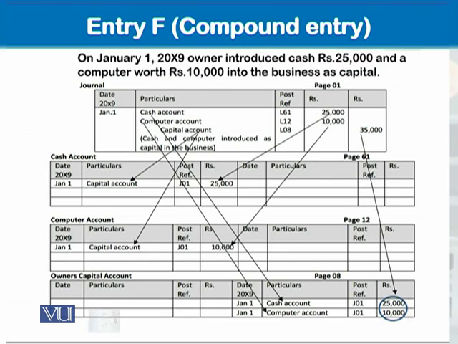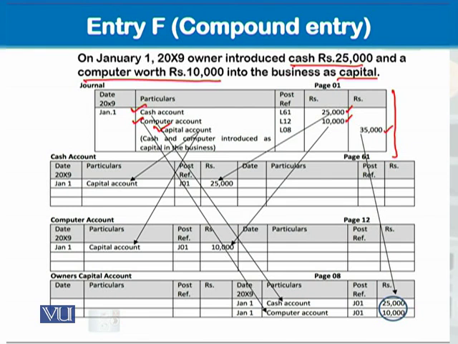Just concentrate on the accounting entry first, in which cash and computer are being debited with 25,000 and 10,000, and capital is being credited with the sum of these two. So this is the compound entry, and you are perfect in doing this journal entry for complex transactions.